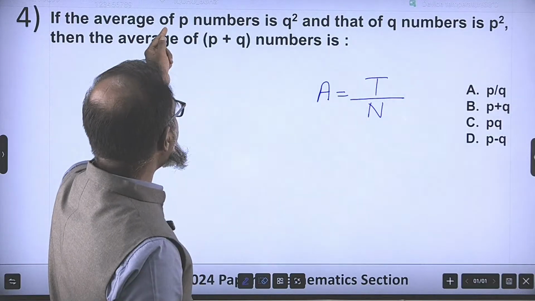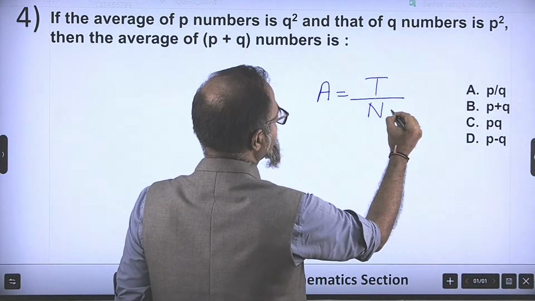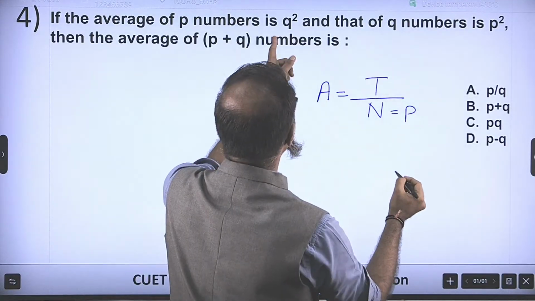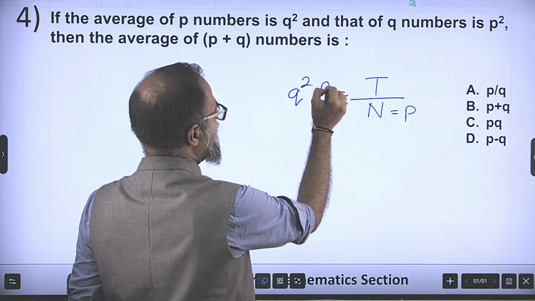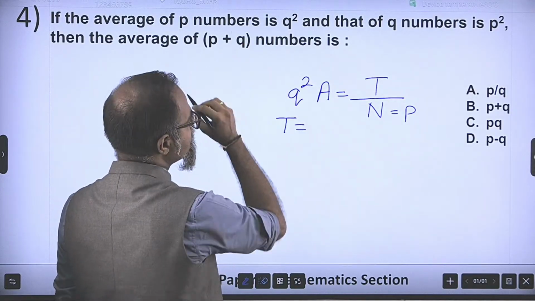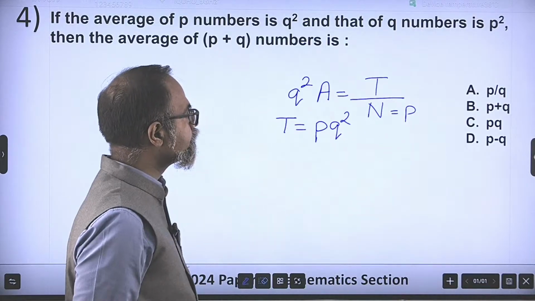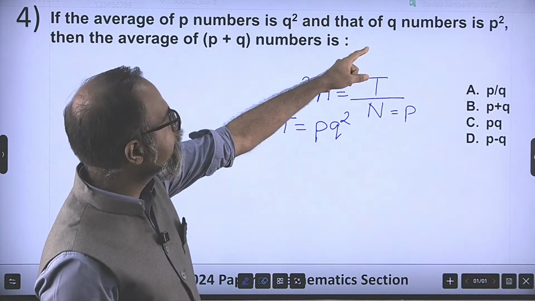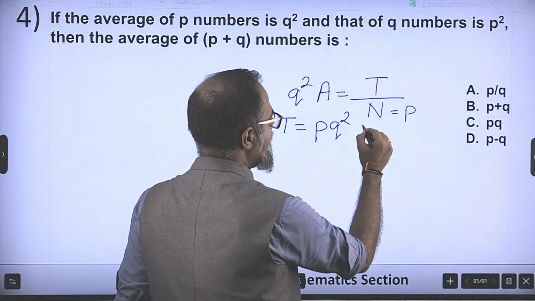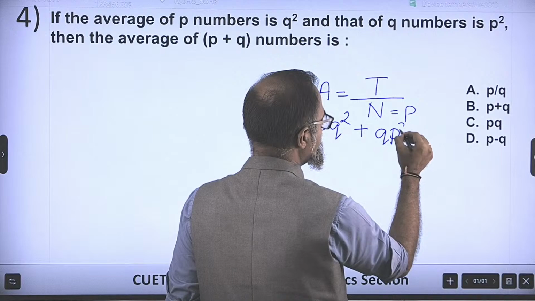So if the average of p numbers, so n is p, and the average itself is q square, then I can say the total of the first p numbers is p multiplied by q square. Similarly, the average of q numbers is p square. So the total of the remaining q numbers is q into p square.